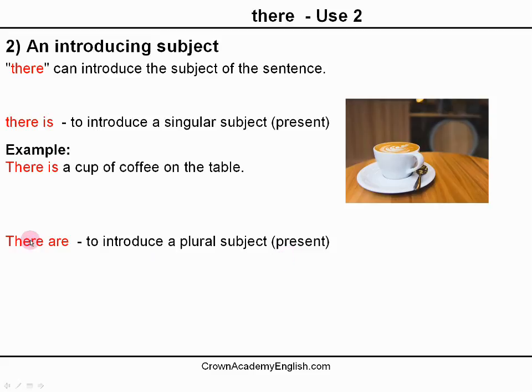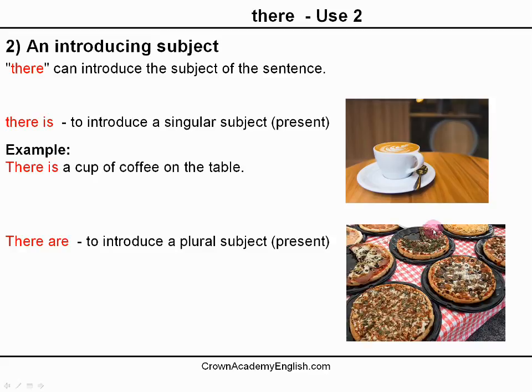And this is the present tense, because the verb to be here is in the present, and also here. Example. There are some pizzas on the table. Okay? So this is the plural.